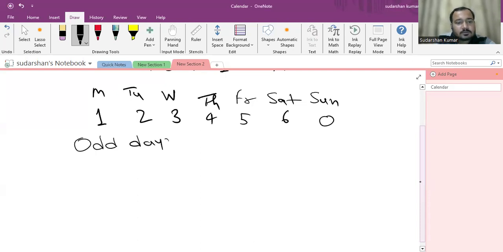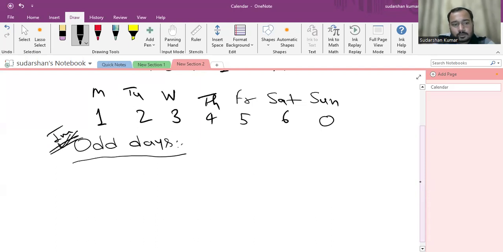Odd days means the number of days that are more than 7. It means that if any week is completed, the days remaining other than the week are called odd days. And the topic depends on these odd days. This is most important in calendar.